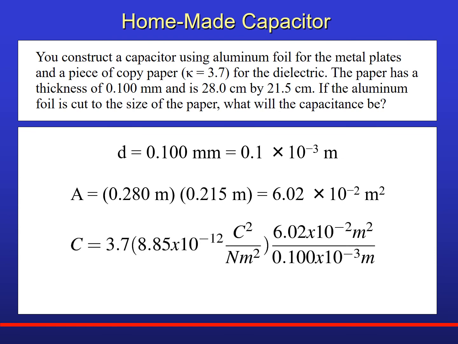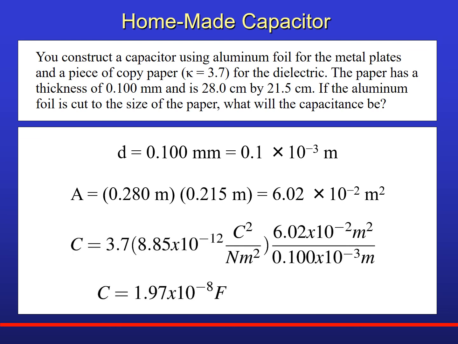Okay, you can rearrange it or plug it in your calculator, however you like to do it. You come up with this right here. Now those units, if you look back, the meter squared cancels meter squared. Your unit is going to be Coulomb squared per Newton meter.